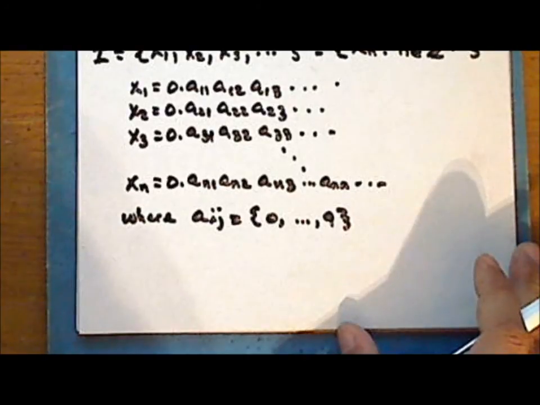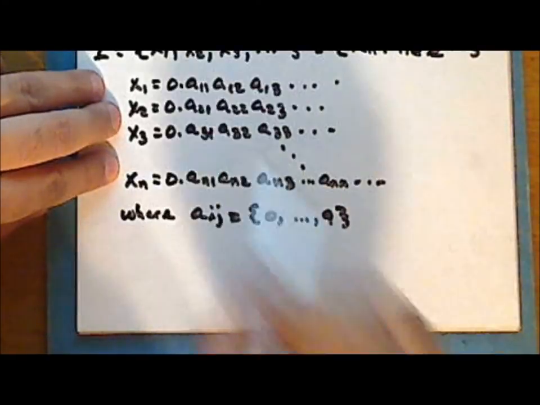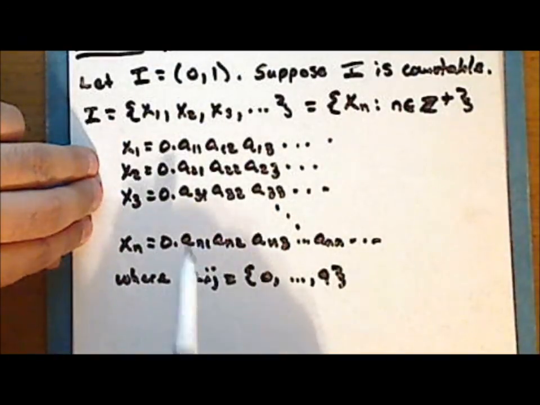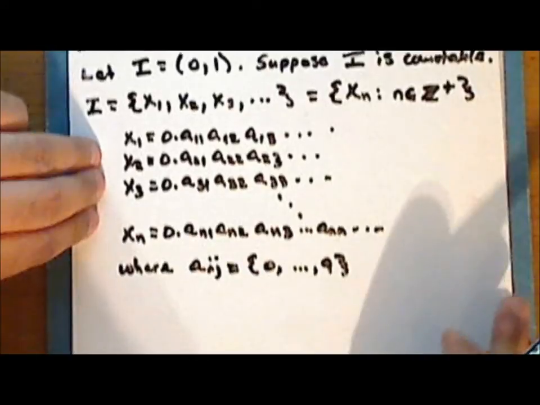So to show that this sequence of numbers is not countable, we are going to construct a number which is in the open interval from 0 to 1, but which is different from any of the numbers in the countable sequence.